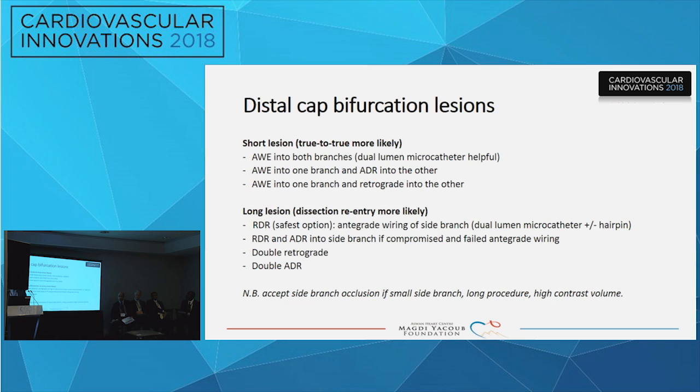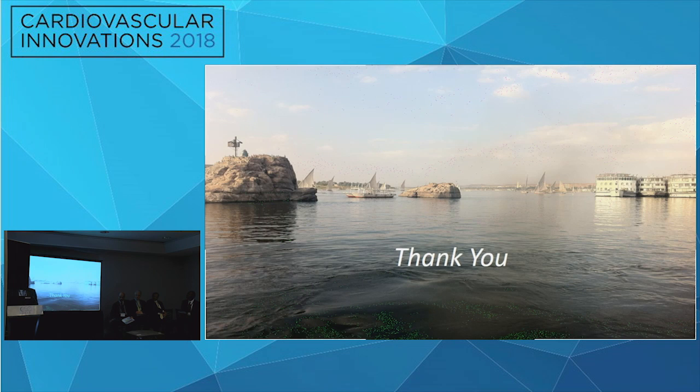And if it is a long lesion more likely to need dissection re-entry, retrograde dissection re-entry is the safest option, or retrograde dissection re-entry and antegrade dissection re-entry into the side branch if compromised and failed antegrade wiring, or double retrograde or double antegrade dissection re-entry. Thank you very much.